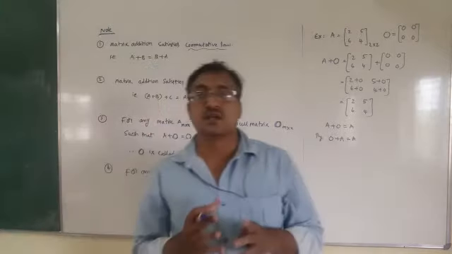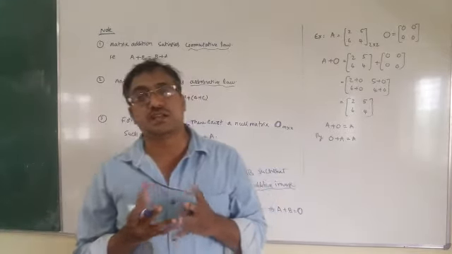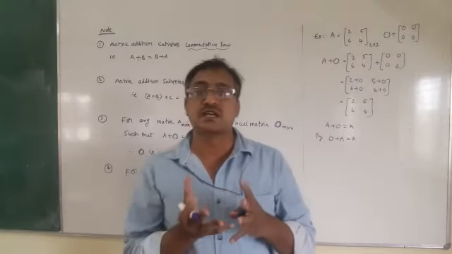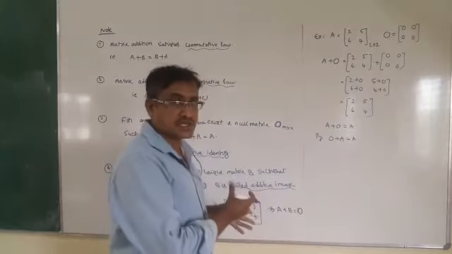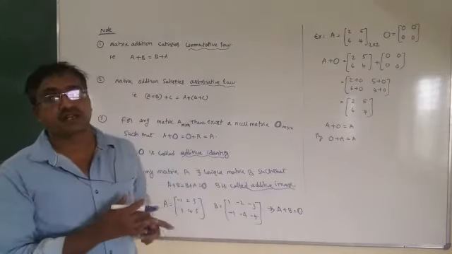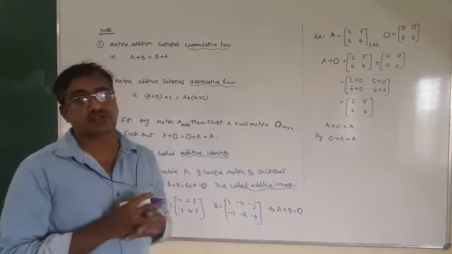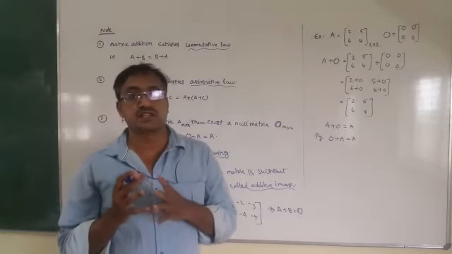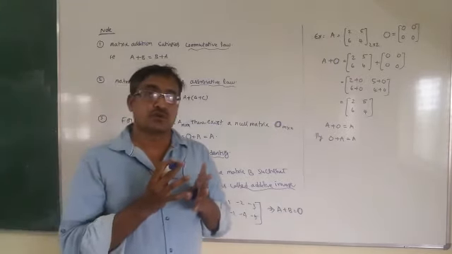So you will get a null matrix. So matrix B is unique. You cannot find any other matrix satisfying that condition. There is only one matrix. So this matrix is called additive inverse. So it satisfies the condition A plus B is equal to B plus A is equal to O.